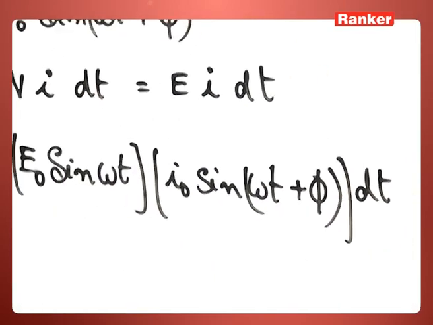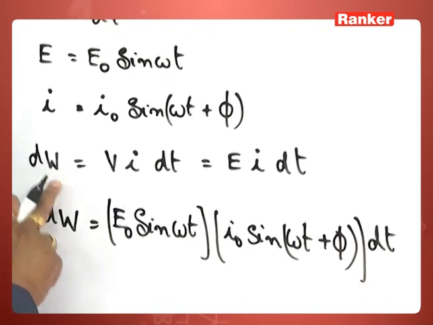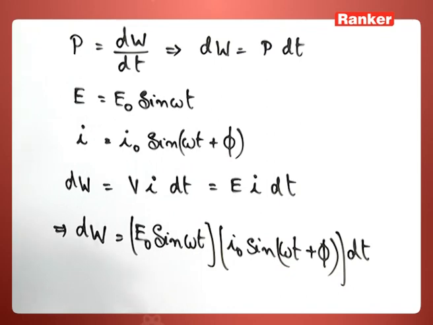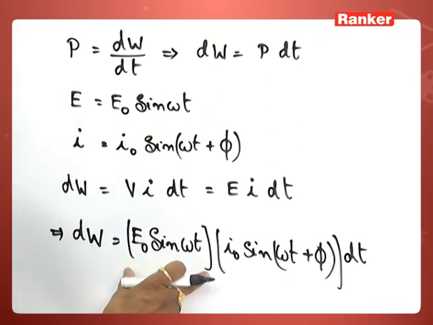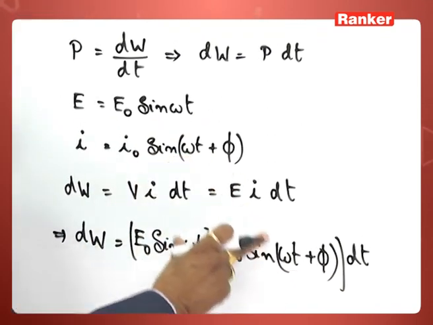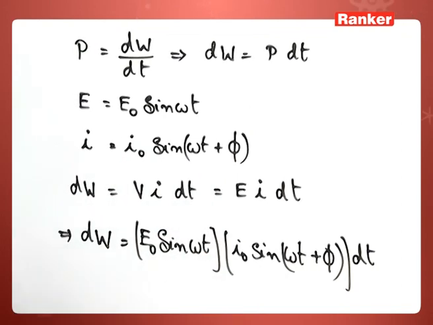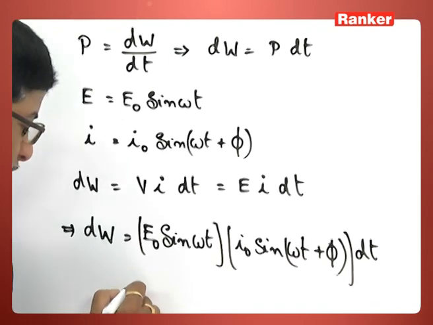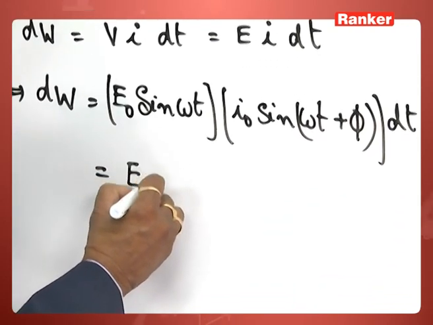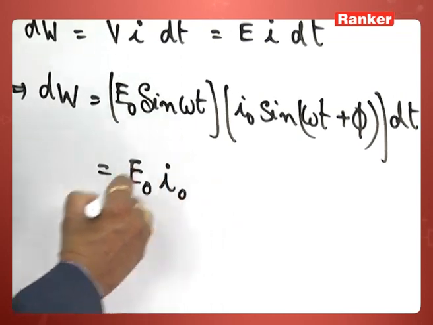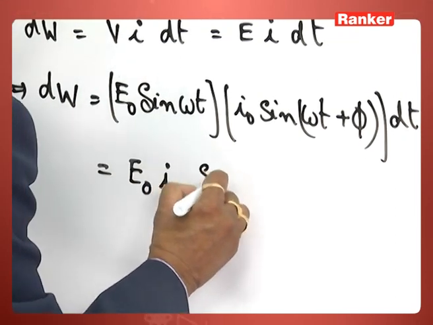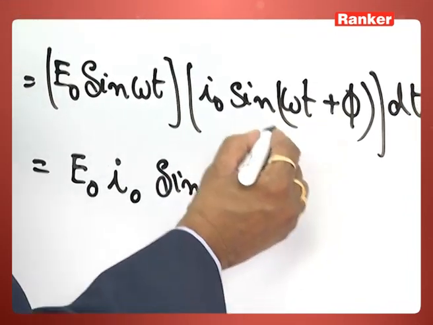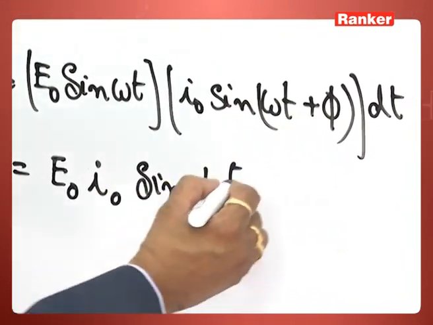So this work done, whatever we are going to calculate, is E into I into dt. E we have written as E naught sin omega t, I we have written as I naught sin omega t plus phi, dt is as it is. We can rewrite the same equation this way: E naught I naught sin omega t into sin of omega t plus phi.